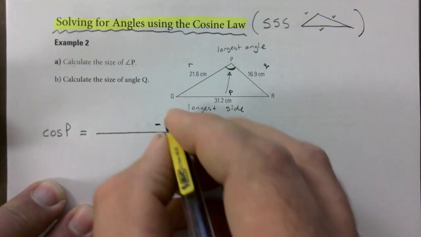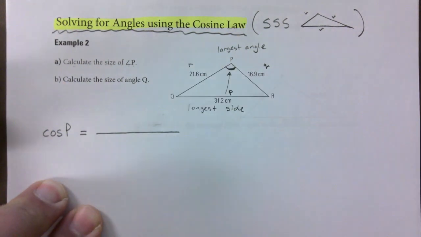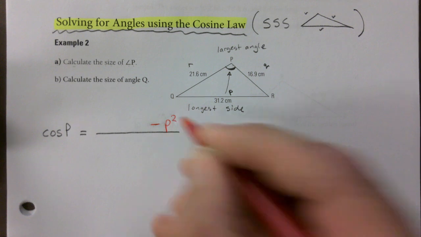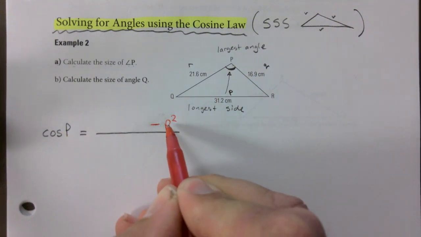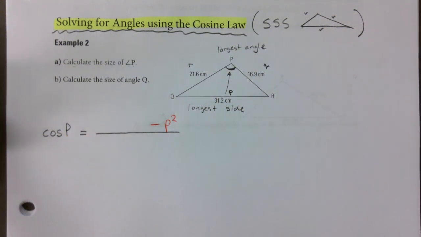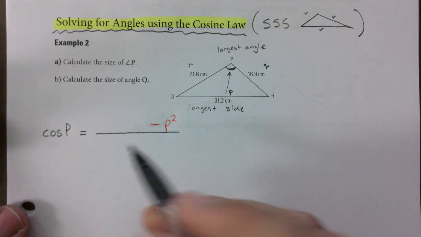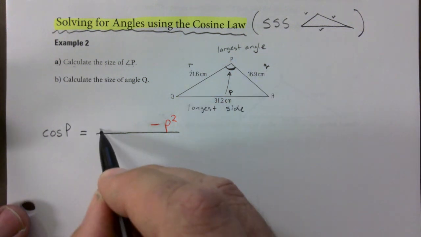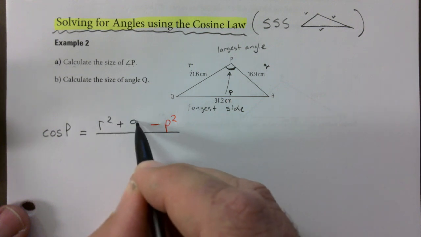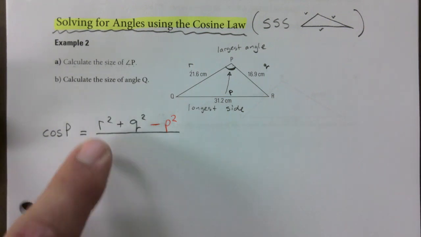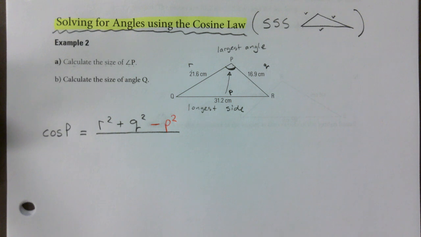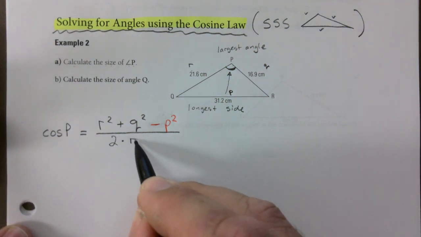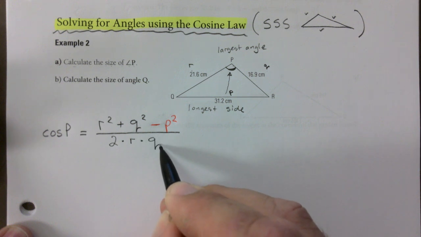I'm going to go minus p squared because it's across, that side needs to be subtracted from the top there. And so you take the other two sides, r and q, and just square and add them. Okay, so it's the other two sides that go there. At the bottom, you have 2 times r times q.